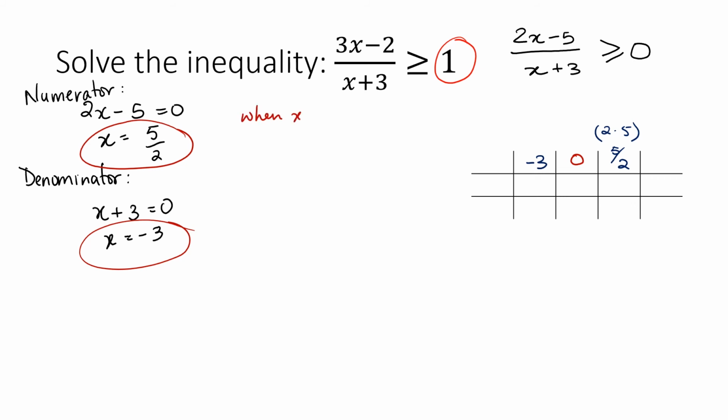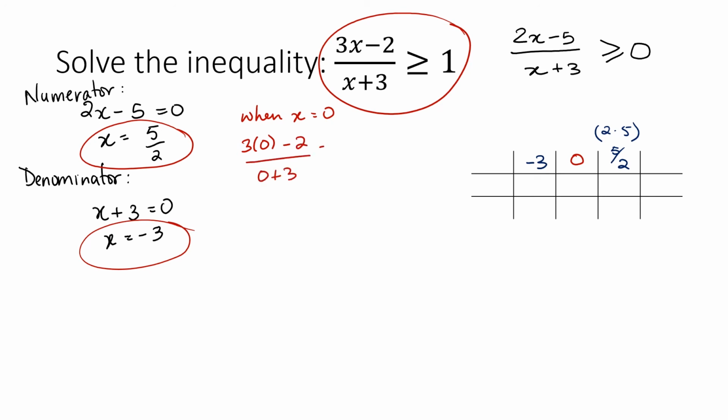I will use this one. So when x equals 0, 3 times 0 minus 2 over 0 plus 3, so this will be -2/3. Is -2/3 greater than or equal to 1? No. So therefore this does not work.